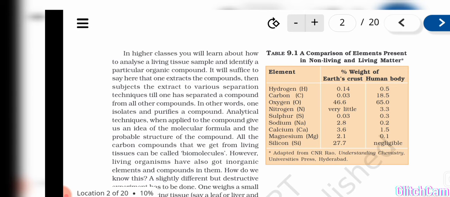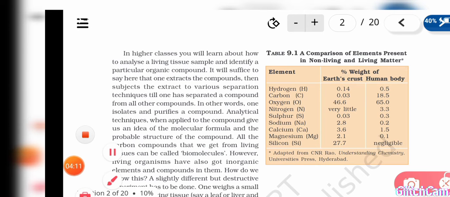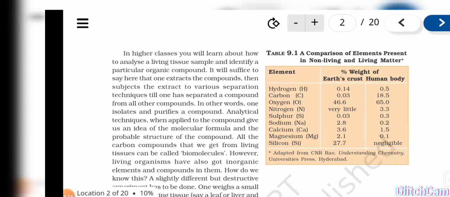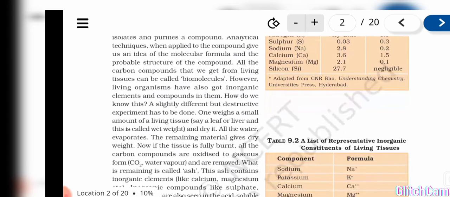Like this, all the carbon compounds that we get from living tissues are called biomolecules. So what are biomolecules? All the carbon compounds that we get from a living tissue are called biomolecules.